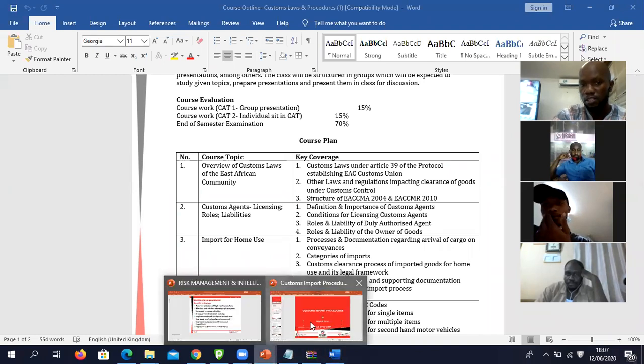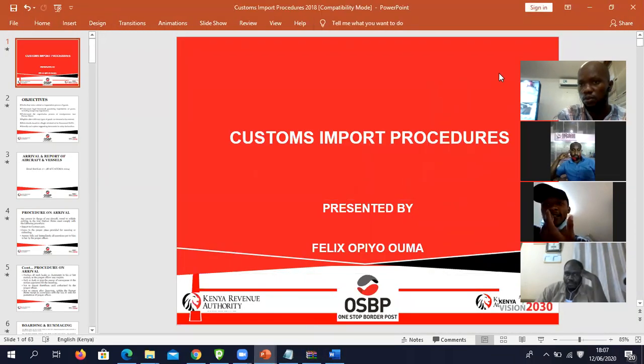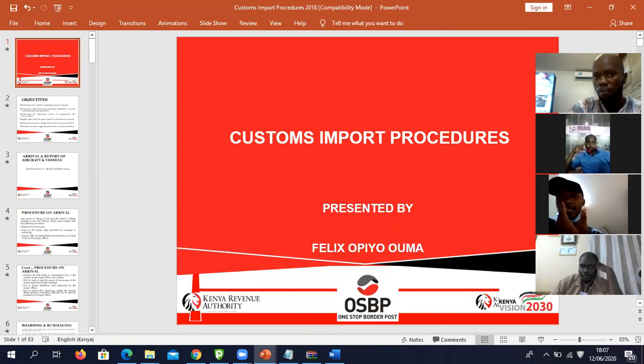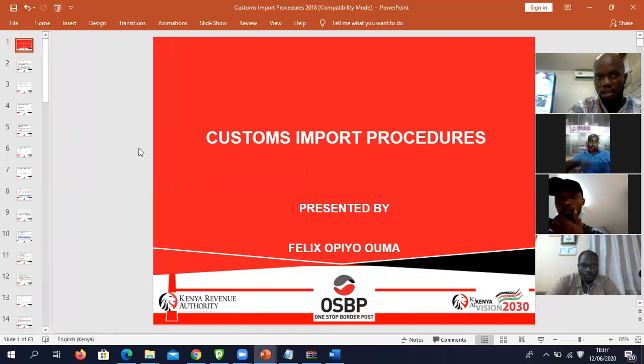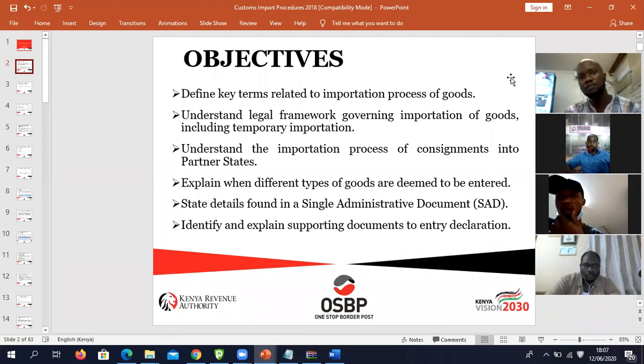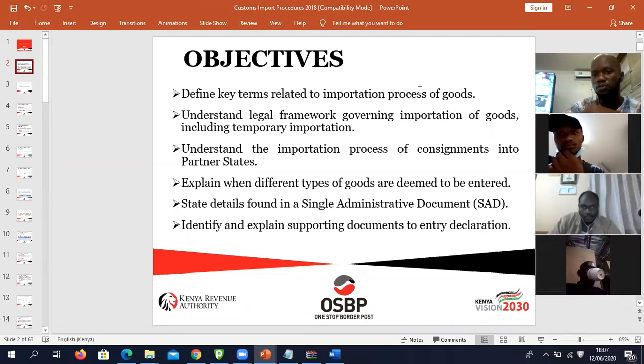I'll also share these notes with you. I hope everyone can see my screen clearly. Is anybody having an issue with the screen visibility? Let me assume no one is having an issue.